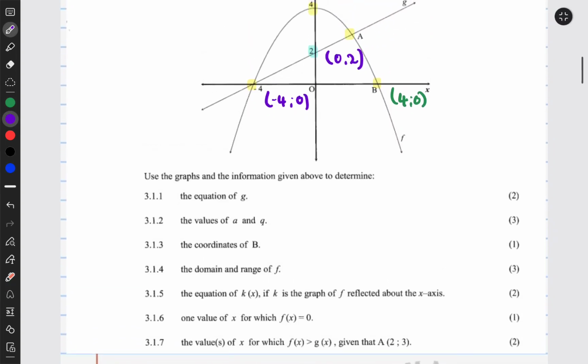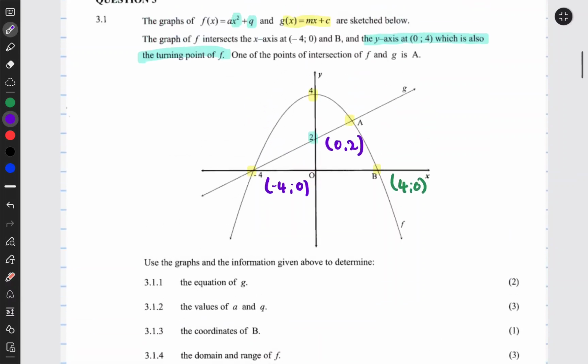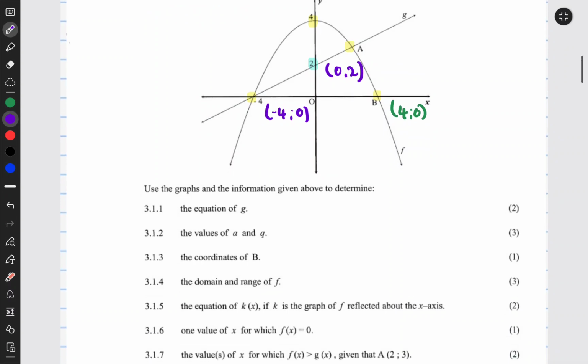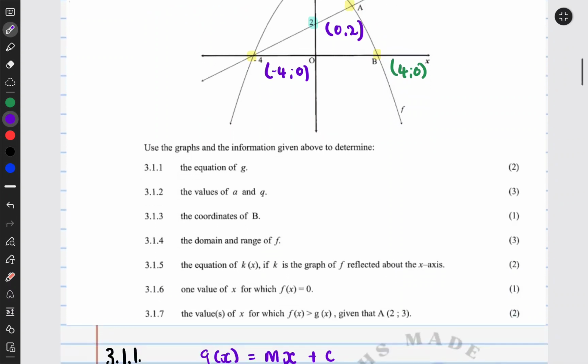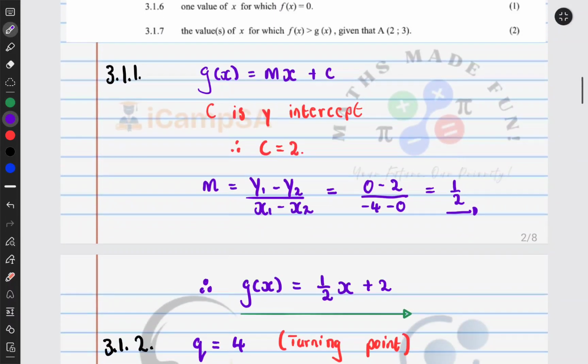Okay, and then for 3.1.4, we are asked to determine the domain and range of f. Remember that for the domain we are looking at the x values, and for the range we are looking at the y values.